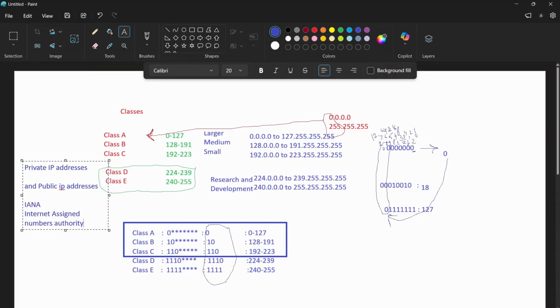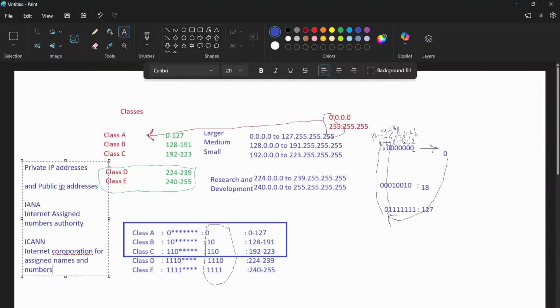Now currently, if I'm not wrong, it is operated by ICANN. ICANN means Internet Corporation for Assigned Names and Numbers.